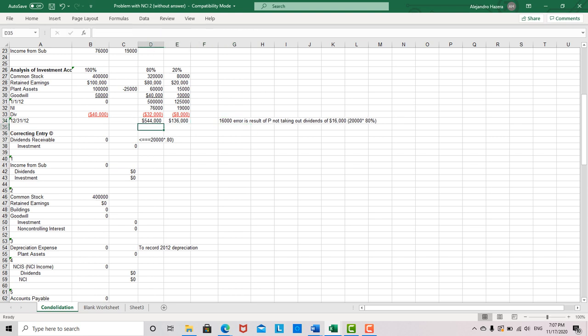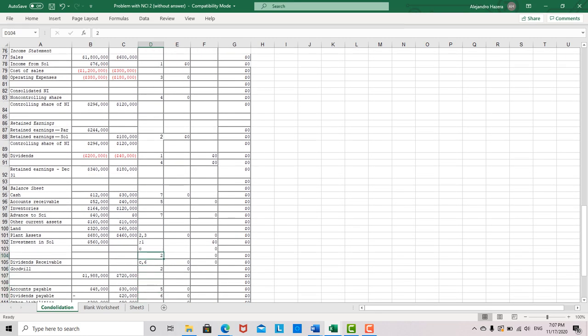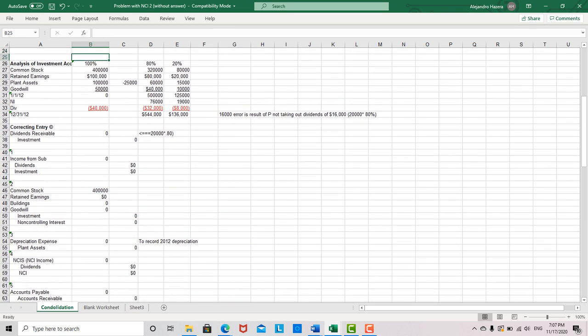Okay, so this number is correct. What is not correct is that 560. So the first thing we have to do is actually do what the parent should have done in the first place and do an equity method entry in the consolidation, but in real life the parent would then have to go back and do it permanently in its own books for that $16,000. It was declared but not paid, so we've got a dividend receivable.